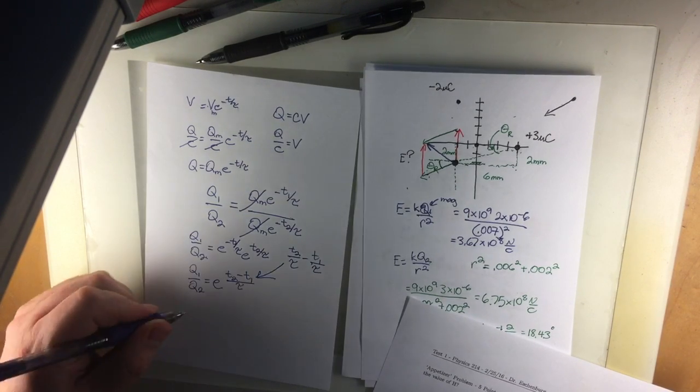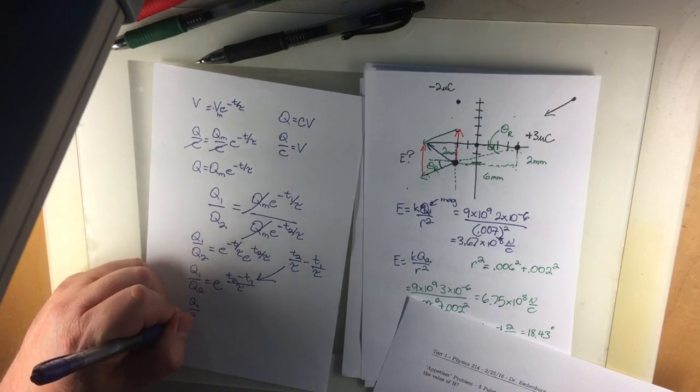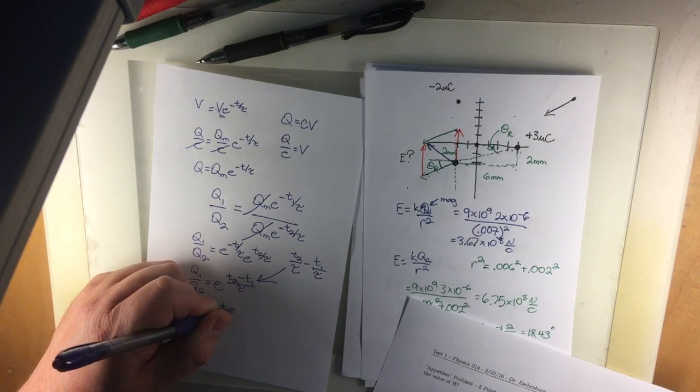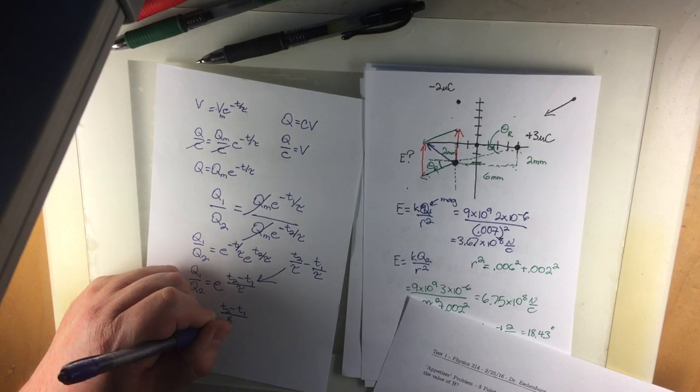Which just becomes Q1 over Q2 equals e to the T2 minus T1 over RC.